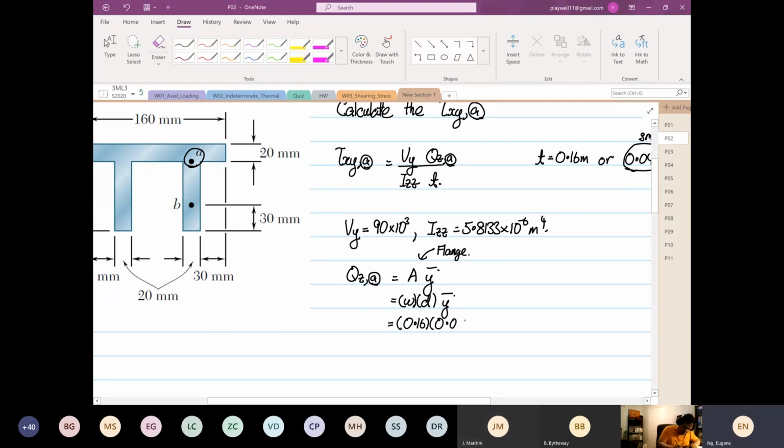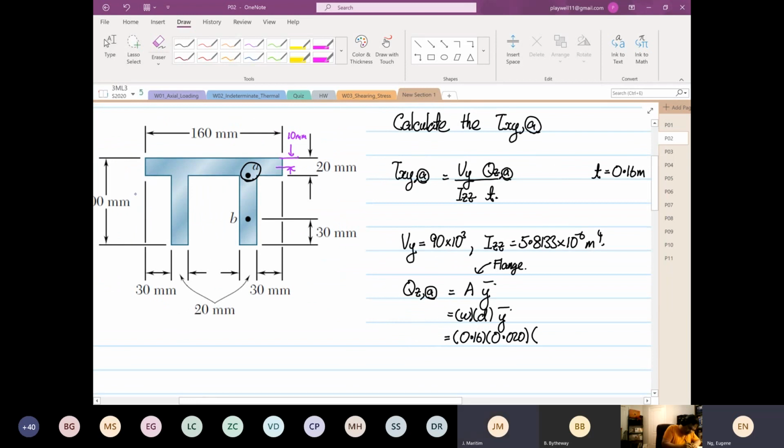And then the y bar, so we know that the distance from here to here is 10 millimeters. And then we are aware that our centroid, this distance over here is 35 millimeters. So what we want to find out is this distance from here to here. This is our y bar.